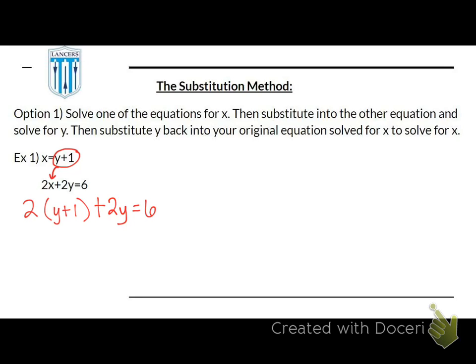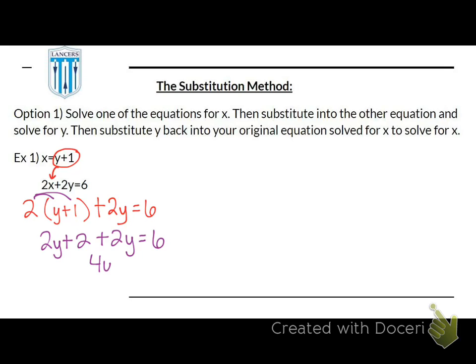So now we're on to the part where we solve for y. Okay, we're on to the part where we solve for y. That means we have to distribute. 2y plus 2. This 2y comes down. That's still there. And the 6 comes down. This equals 6 comes down also. And then you do 2y plus 2y, 4y plus 2 equals 6.